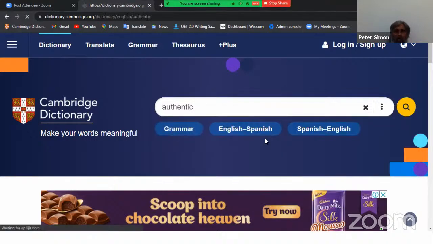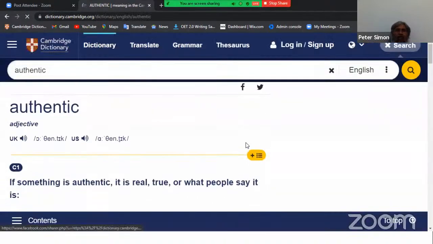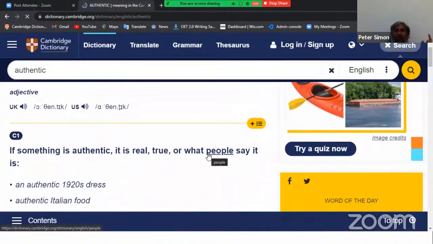Authentic means what? Authentic is C1 vocabulary. If something is authentic, it is real, it is true, or what people say it is. Authentic means people say it is true. Authentic is real thing.